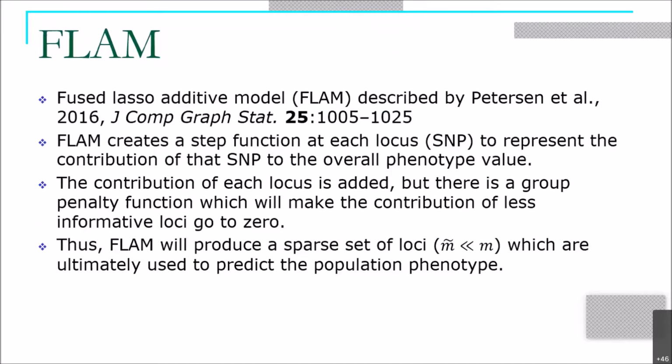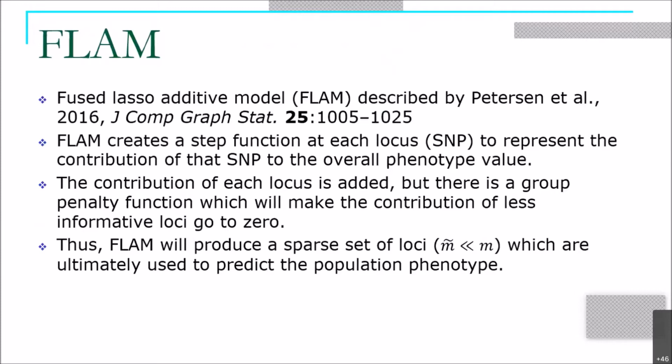But to just zoom back out for a moment, FLAM is designed to produce a sparse set of loci in order to predict the population phenotype. And this is a completely general tool, by the way, for going from gigantic sets of predictor variables to the characterization of a subset of phenotypes.